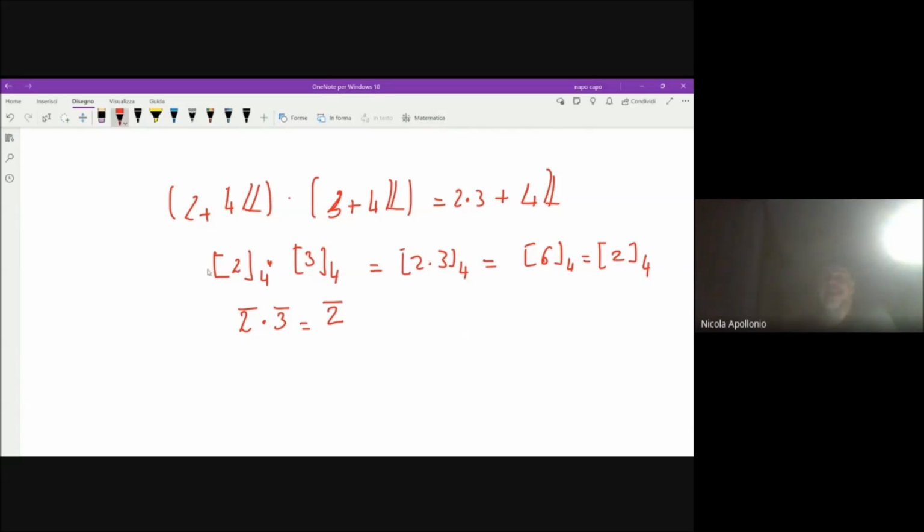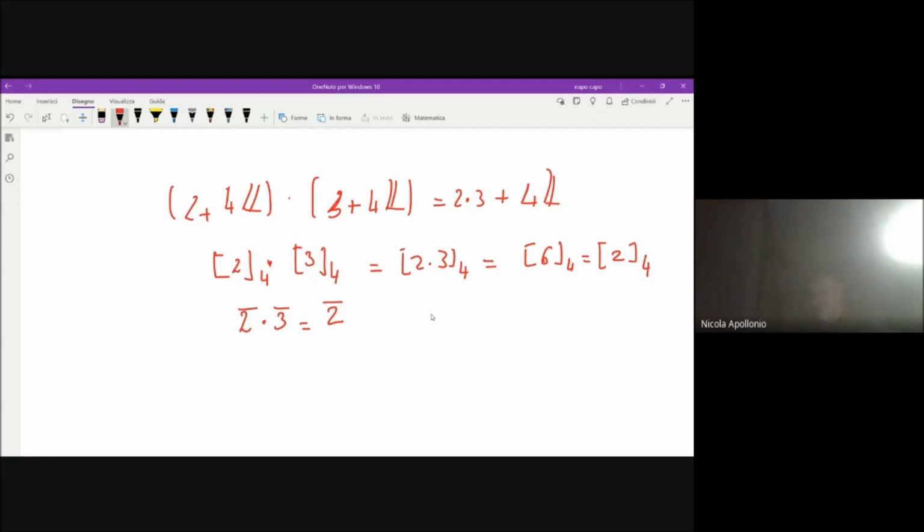So the product of the classes of two particular integers modulo 4 is the class modulo 4 of the product of those particular integers.